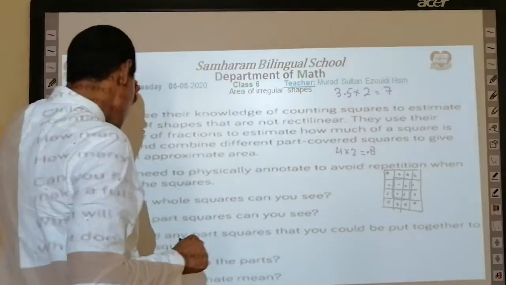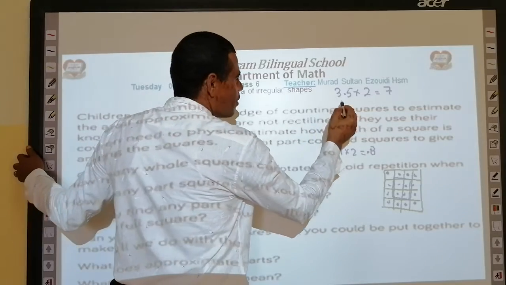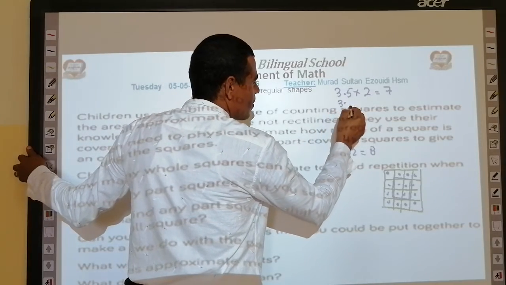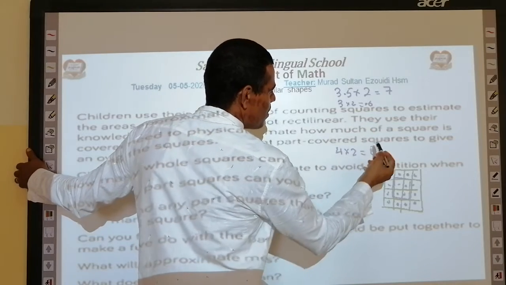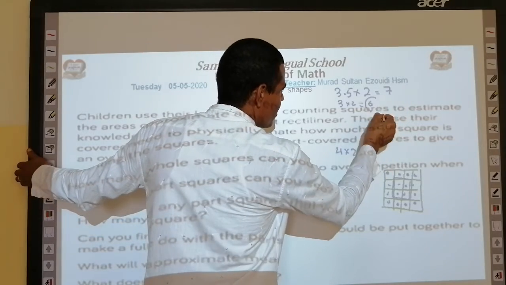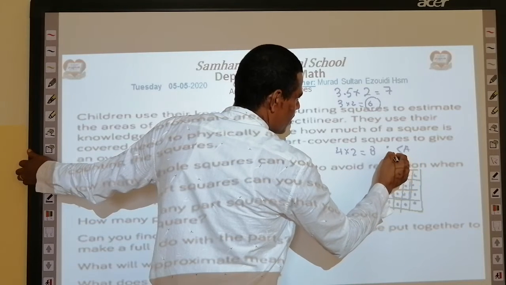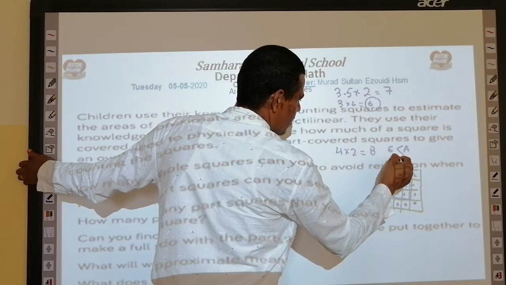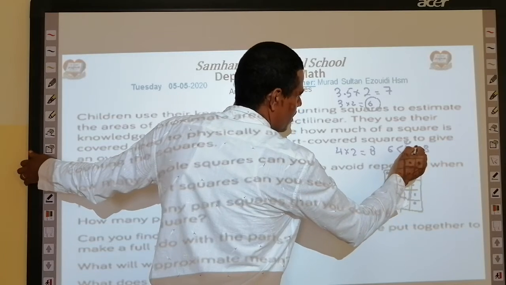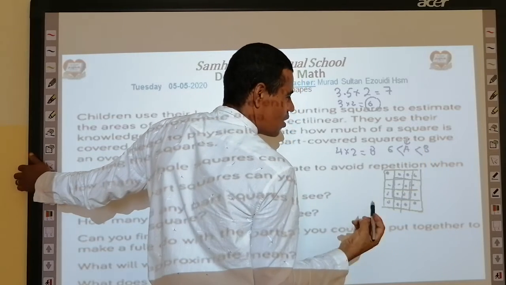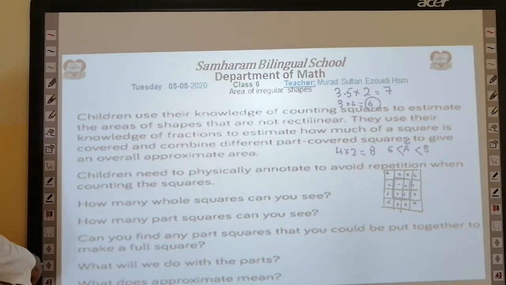Or you can also do it like that: 3 multiplied by 2 is 6. So the correct answer lies between 6 and 8. The area is greater than 6 and less than 8, and the exact value will be 7.